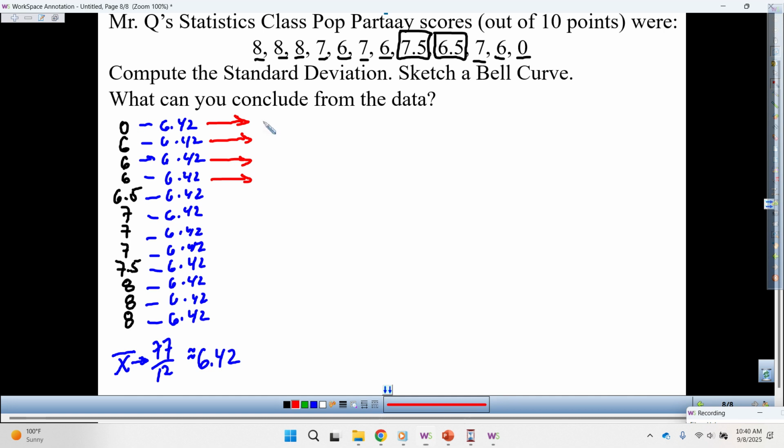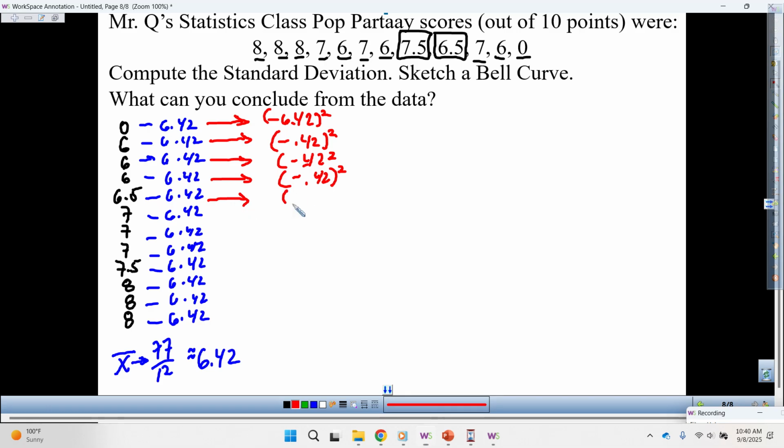All right, so 0 minus 6.42 is negative 6.42. We put that in parentheses. Then we got 6 minus 6.42 is negative 0.42 in parentheses 3 times. From there we got 6.5 minus 6.42.